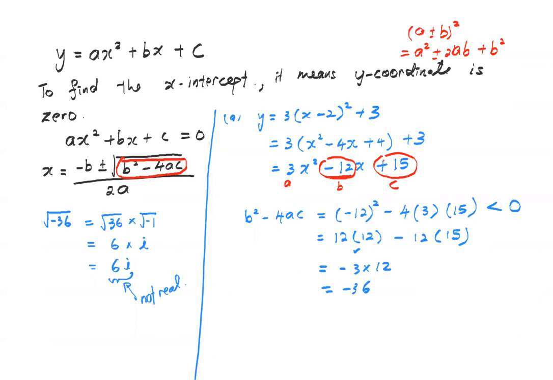Hello, are you clear? As long as b squared minus 4ac is less than 0, then what happens? We call it imaginary. So better remember, this determinant is very important.